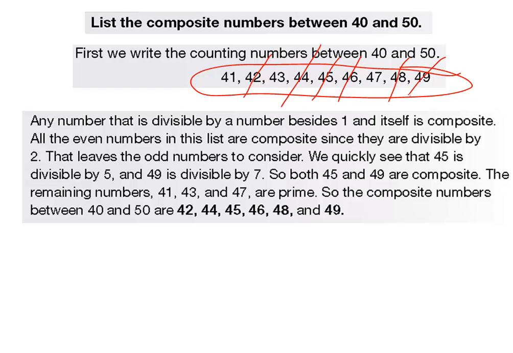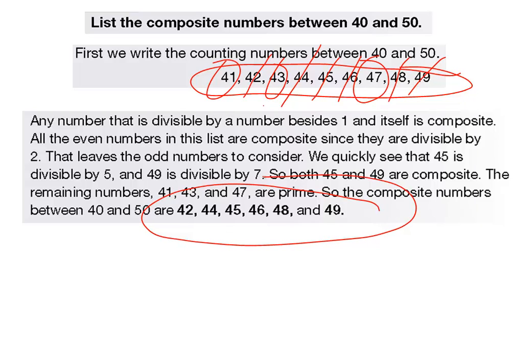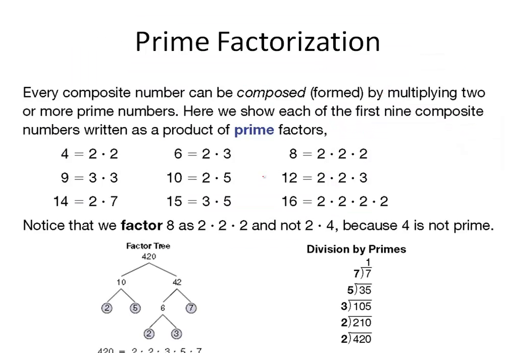So the ones remaining, 41, 43, and 47, these 3 are our prime numbers. All of these other ones, 42, 44, 45, 46, 48, 49, are composite numbers.